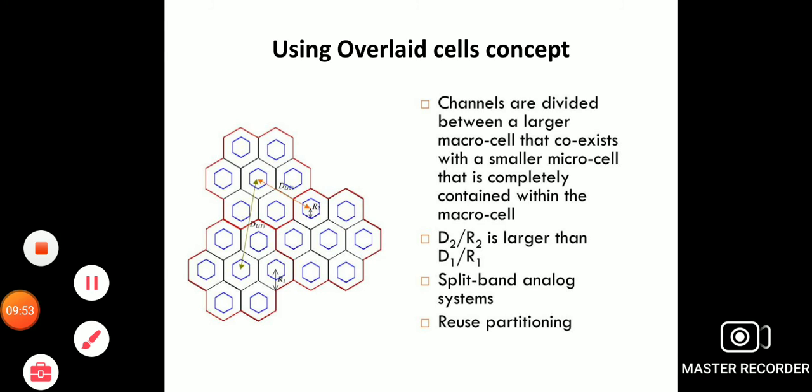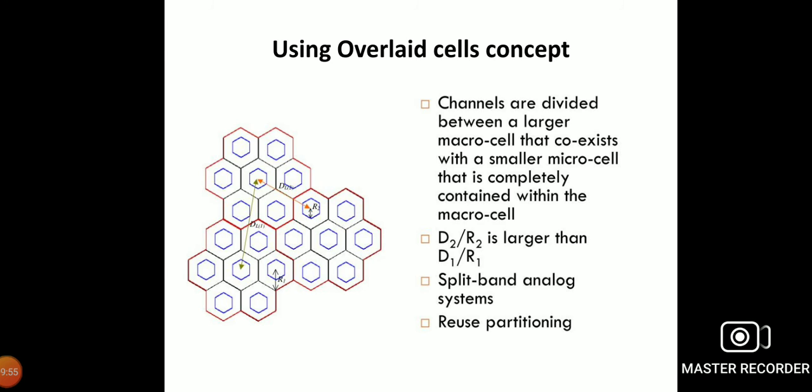So in this session we discussed improving coverage capacity in a cellular system through the different categories of cell splitting, cell sectoring and the microzone concept.